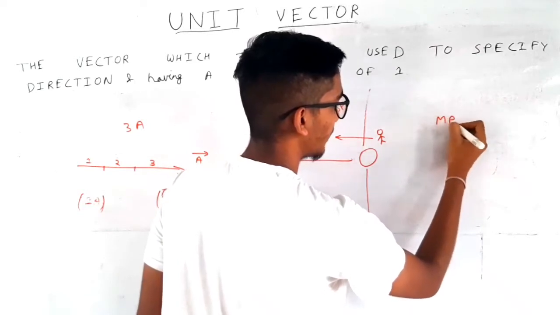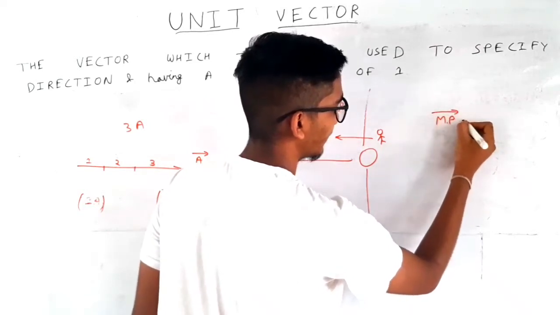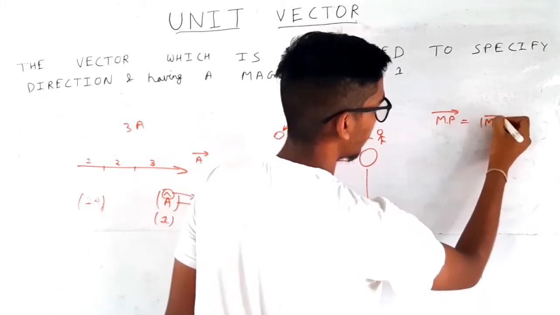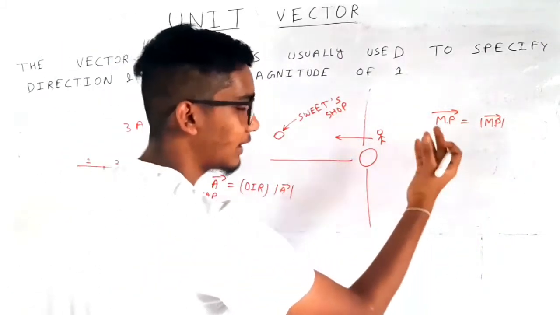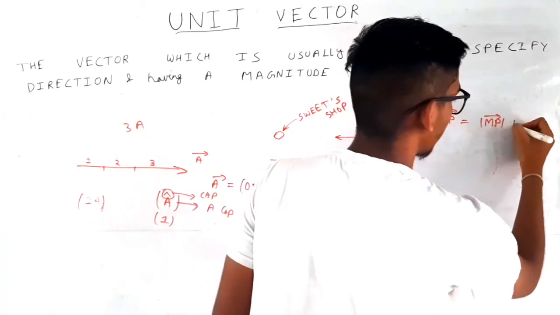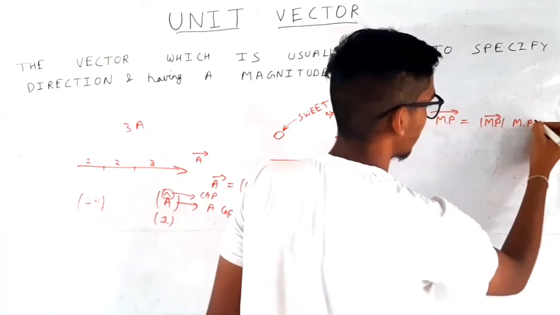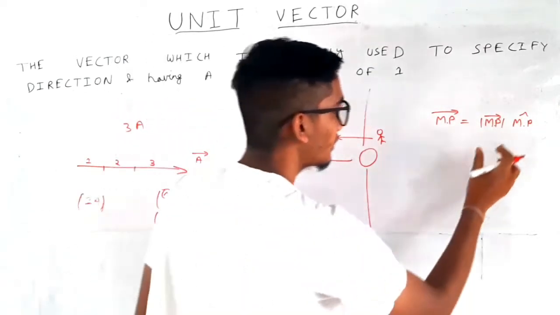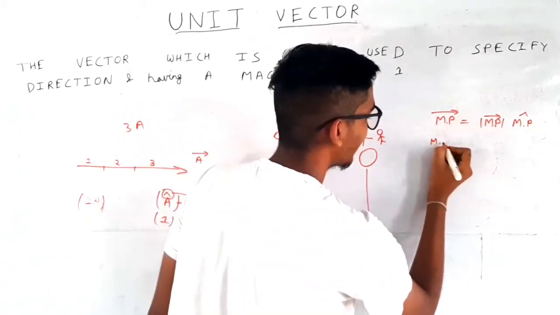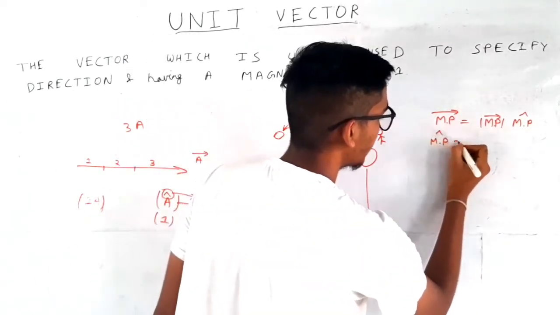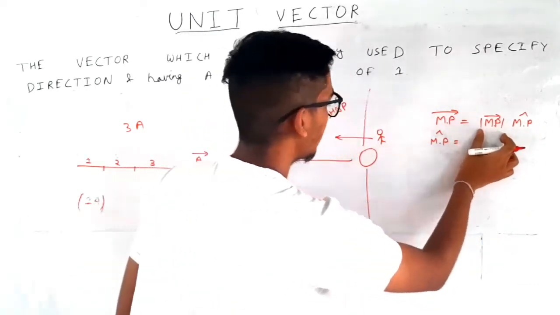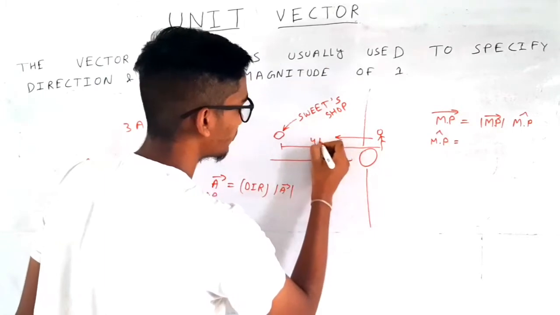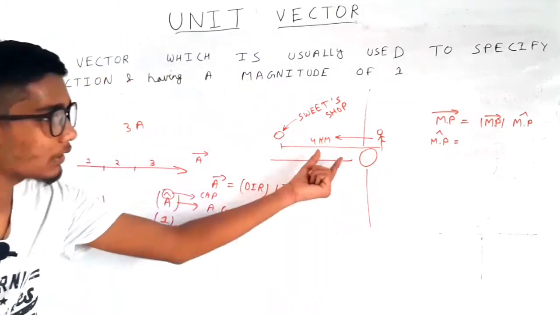So Mr. Patel is a vector, and we can represent a vector by magnitude and direction. Mr. Patel has a direction, so I will take Mr. Patel cap. Then Mr. Patel cap has magnitude 1, while the magnitude of the vector is 4 kilometers.